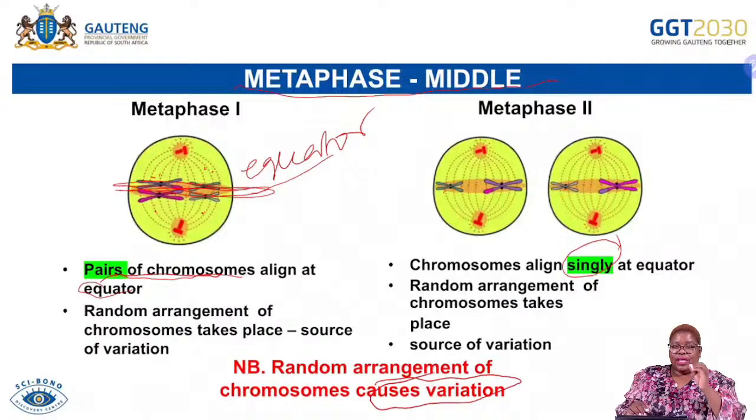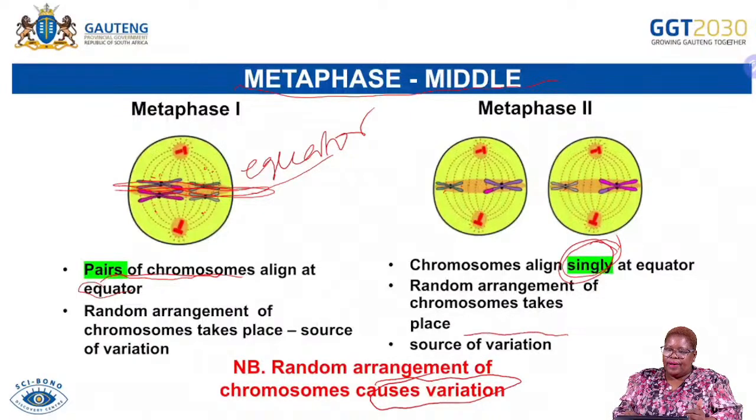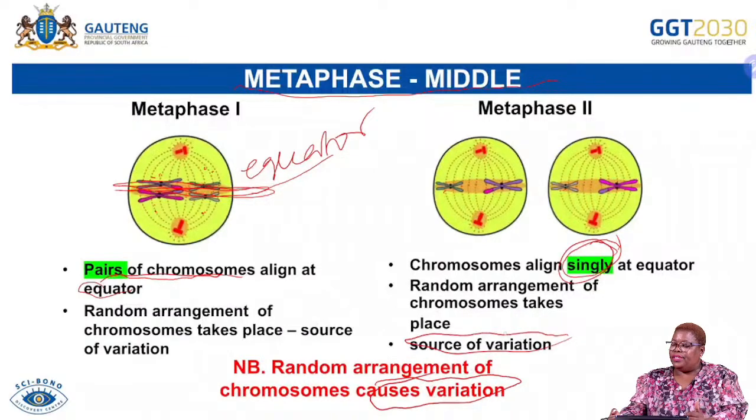In metaphase 1, chromosomes are arranged in their pairs at the equator, whereas in metaphase 2, chromosomes are aligned singly at the equator. Then we've got random arrangement of chromosomes taking place in both. That leads to what? It causes sources of variation. Okay? Random arrangement causes variation to take place.